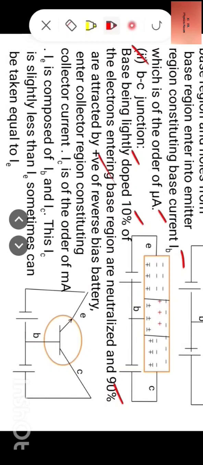Enter collector region constituting collector current IC and is of the order of milliampere. Now IE is composed of base current IB and collector current IC. This IC is slightly less than IE, sometimes can be taken equal to IE.